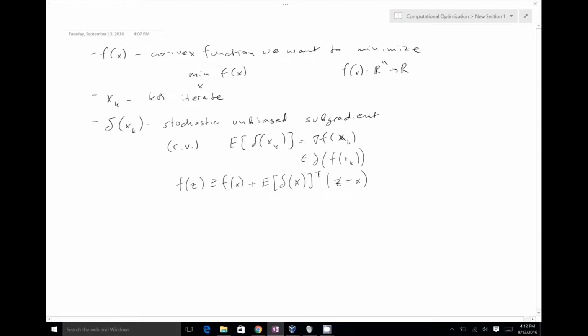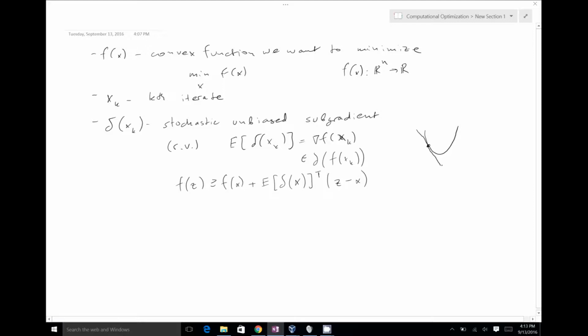Okay, so in terms of a picture, if this is my function f, and this is the point x, what a subgradient does is it gives you a line that underestimates the function. For functions that are continuous at x, it's exactly the tangent line. But it turns out subgradient descent works perfectly fine on functions that are not continuous.